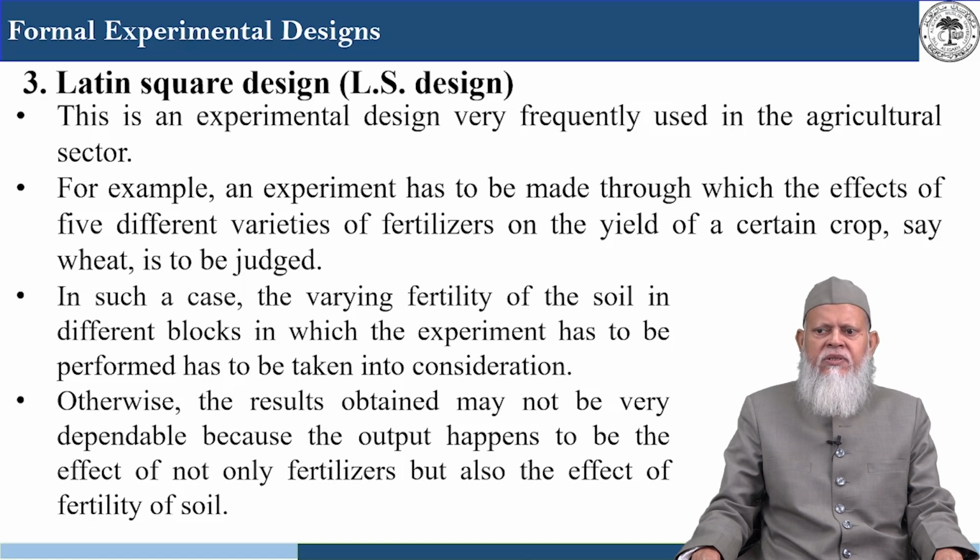So, in this Latin square design, the experiment is made through the effects of 5 different varieties of fertilizers on the yield of a certain crop, say wheat. So, in this, the researcher has to study the impact of 5 different varieties of fertilizers on the yield of a certain crop, say wheat or rice.